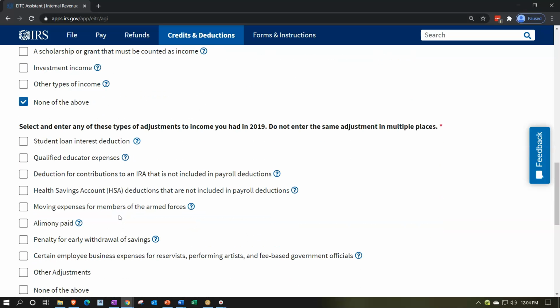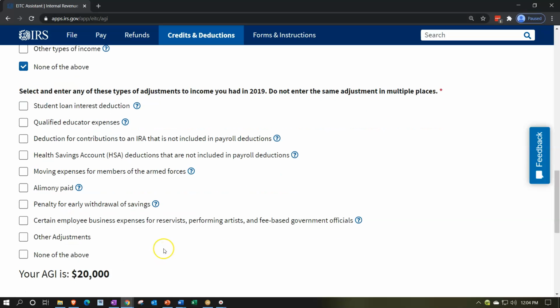Select and enter any of these types of adjustments to income you had in 2019. Do not enter the same adjustments in multiple fields. So these would be the adjustments to income, kind of like the above the line deductions to get to that AGI. And the AGI is what we typically calculate our phase outs on. So if we had any student loan interest, qualified educator expenses, deduction for contributions into an IRA.